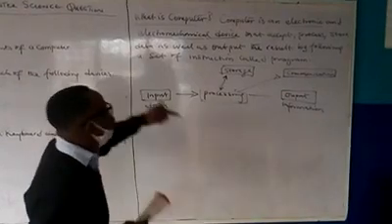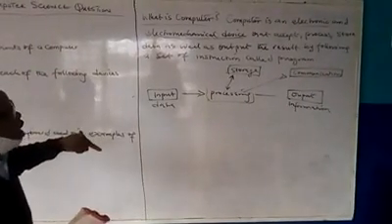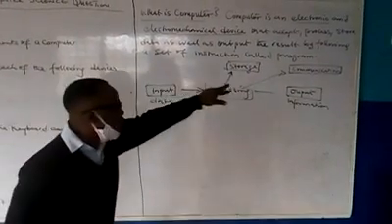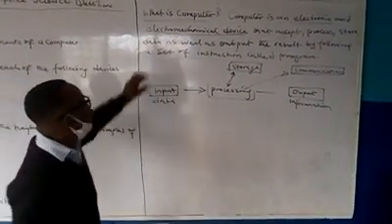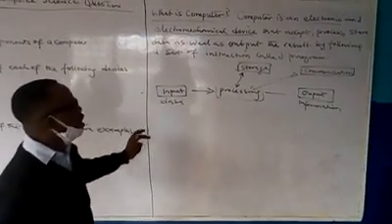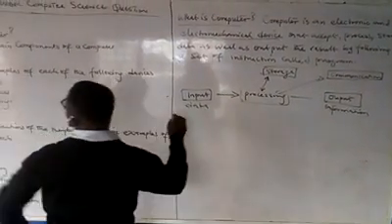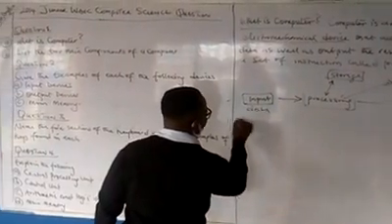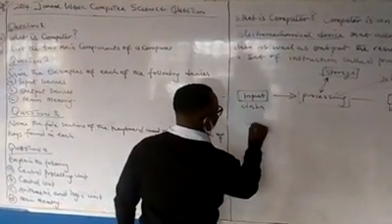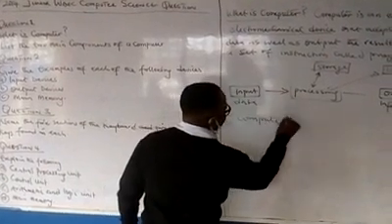It is to accept, store, process, and bring out a result, through the help of a program, which is software. Now you look at the definition, you can bring out the 2 main components, question 1B. The 2 main components are computer hardware.